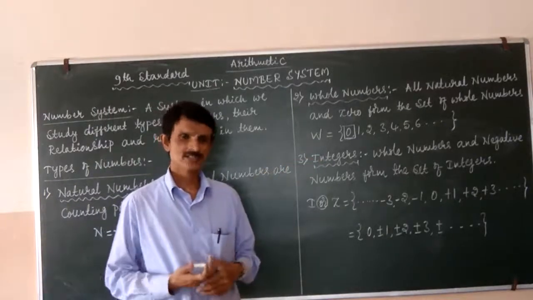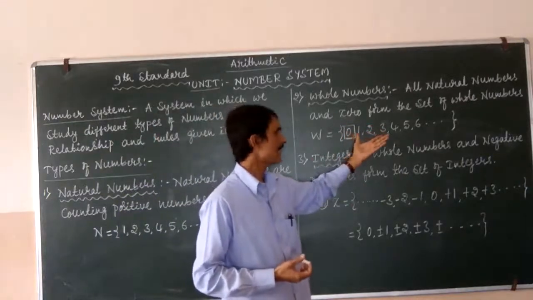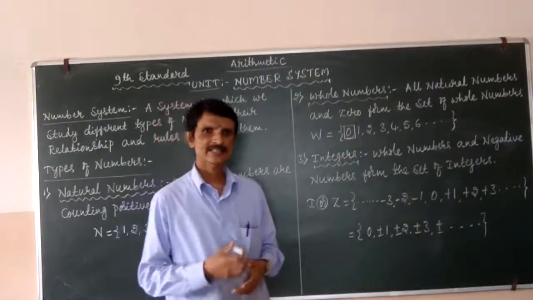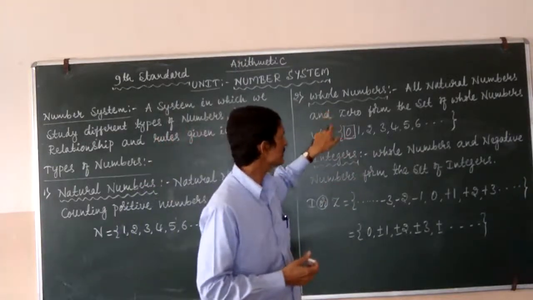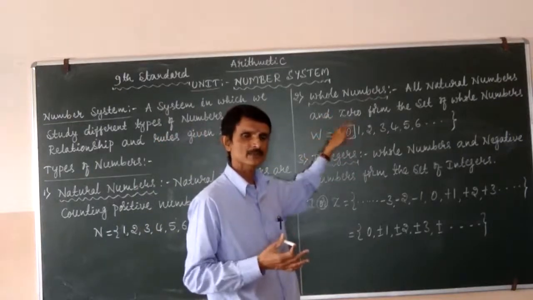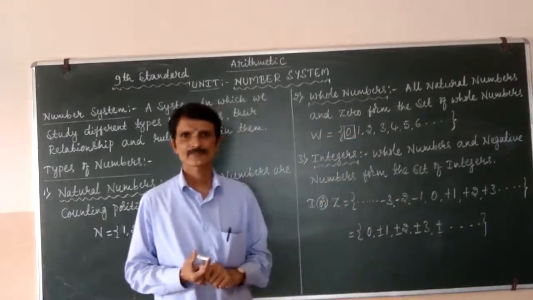Integers: if we add negative numbers to the set of whole numbers, we will get integers.